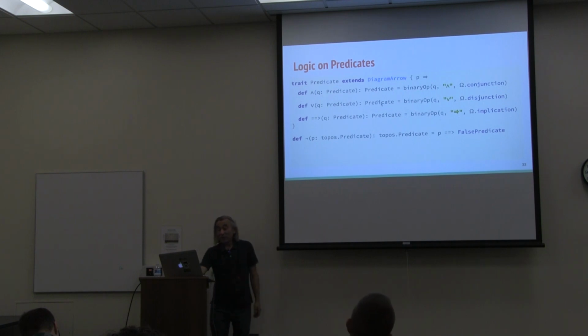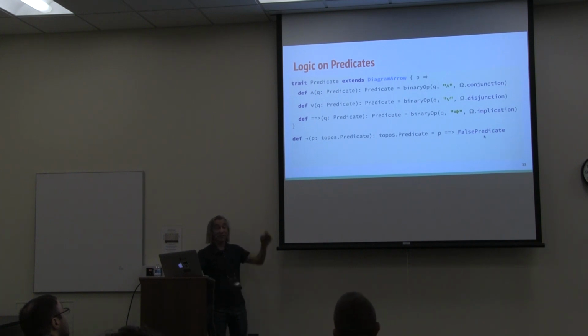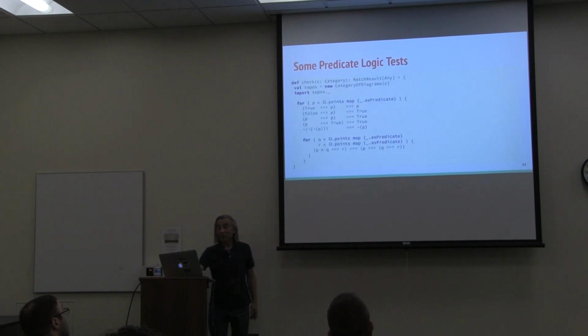So for predicates, we can define, given one predicate and another, conjunction, disjunction, and implication. I had to use this because I couldn't use the standard notation from Scala, unfortunately. And negation is exactly defined as P arrow false predicate. And the false predicate is a constant predicate that returns false all the time.